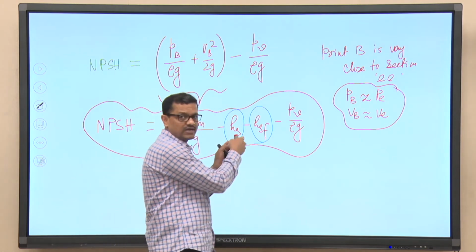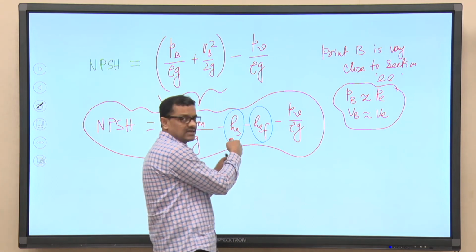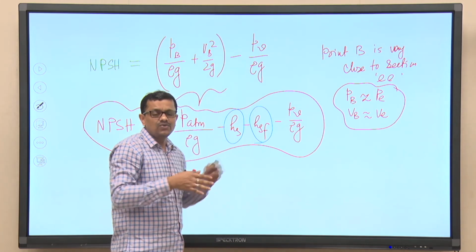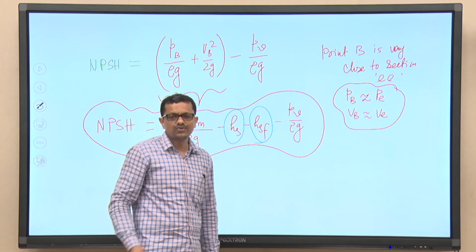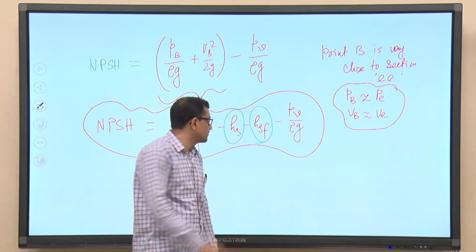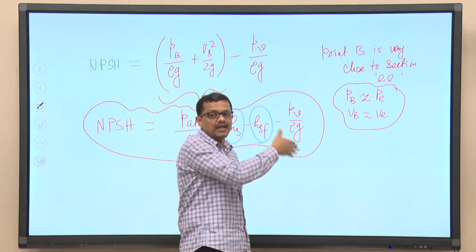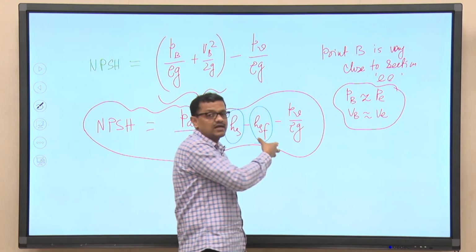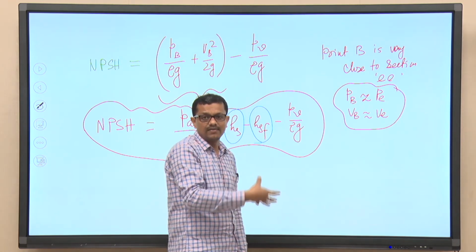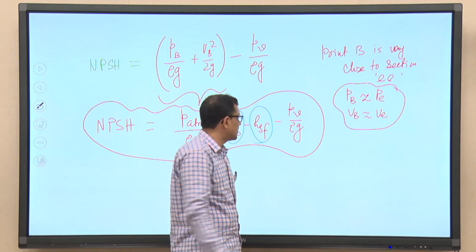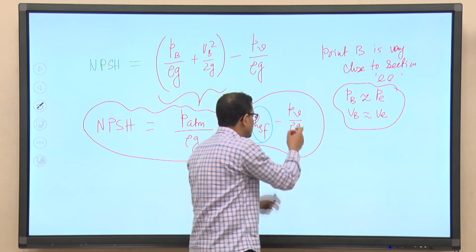What we can see from this expression is that Hs will try to deduct the total head available at the suction side. Just like parasitic loads, this term will try to deduct the net head that will be available at the inlet to the pump impeller, but we have nothing to do with this term.